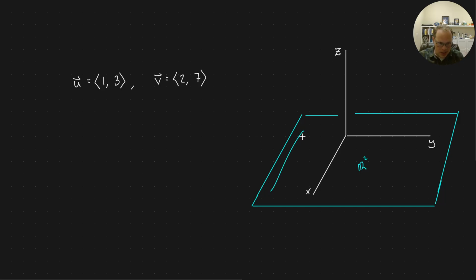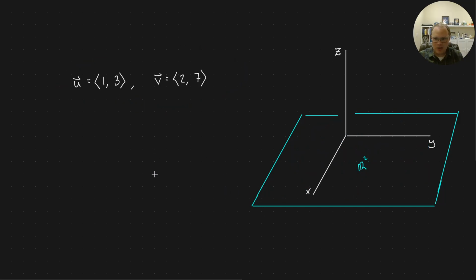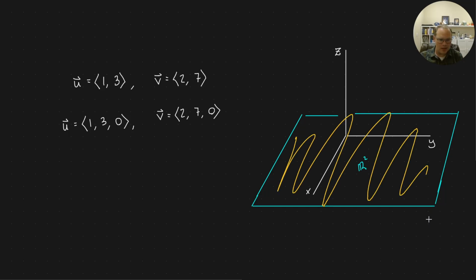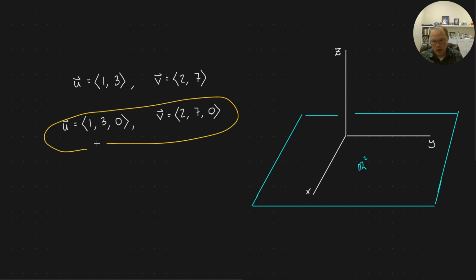And if this plane is 2-dimensional space, then I can think about these vectors as not just (1, 3), but I can tack on a 3rd component where z is 0. I could think about v as (2, 7), and then tack on a 3rd component where z is 0. Okay? These behave just like they do in 2-dimensional space because they live in this xy plane. But they're 3-dimensional vectors. And so I can take the cross product of these.